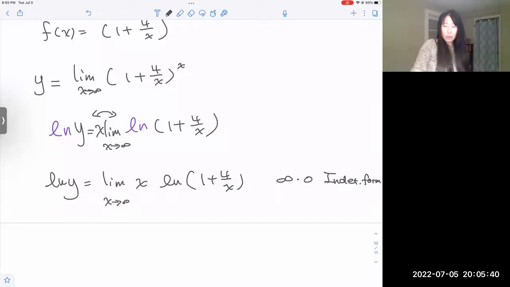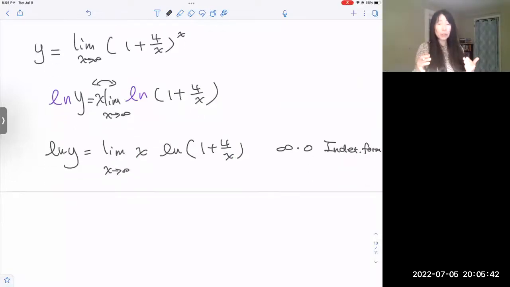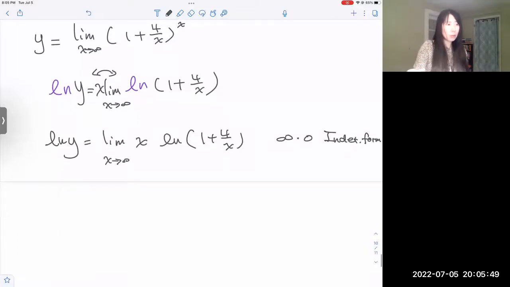All right, then we're going to make a nice form in order to use L'Hopital's rule. The left side is still there, and the right side we will have... Do you agree with this one? I have to write down the limit.